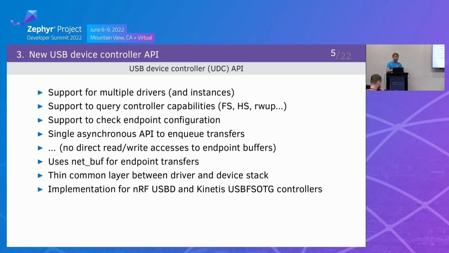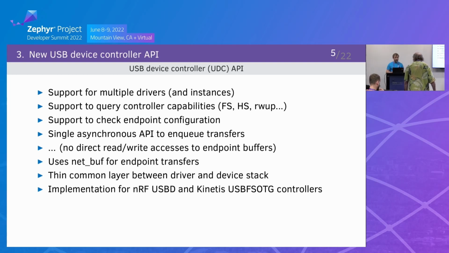So the driver doesn't communicate directly with the upper layer. There's a common layer for all the drivers that implements locking, some helper functions, and handlers or functions to submit an event to the upper layer.